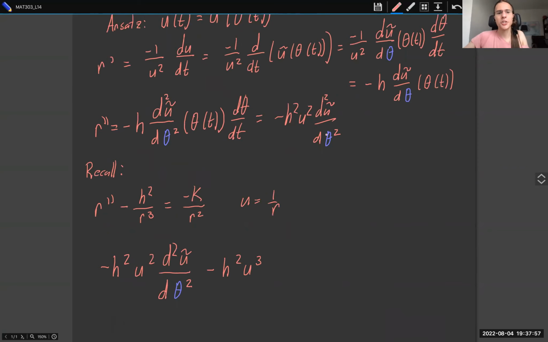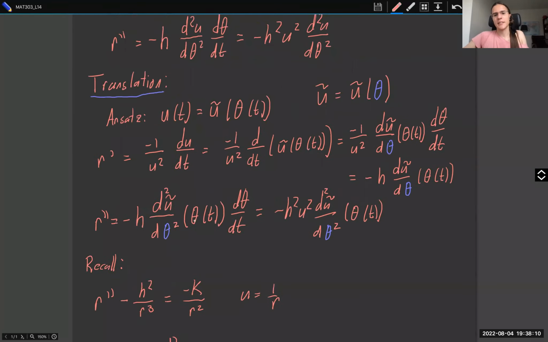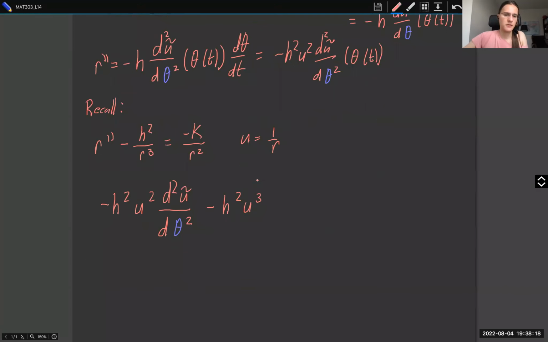Oh, and then I should also probably say this is evaluated at theta of t. That's necessary in order to do the full math translation of this. It's this function evaluated, the derivative with respect to its variable where we're taking the argument at this. And then negative equals negative k u squared.